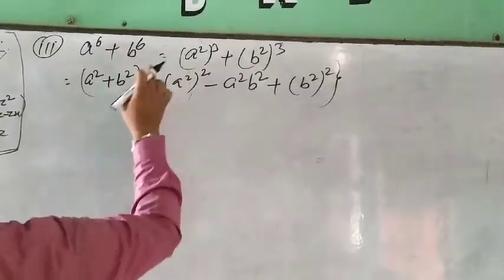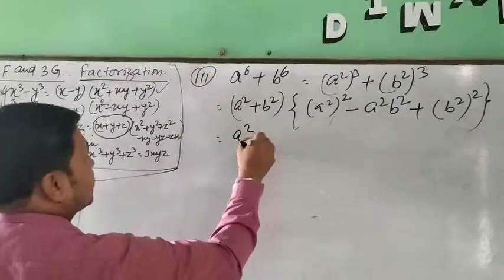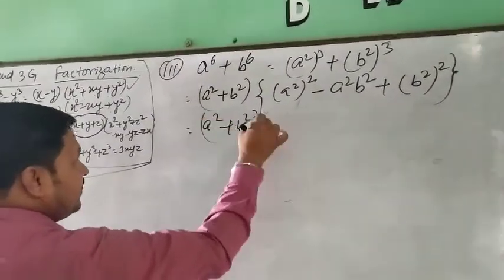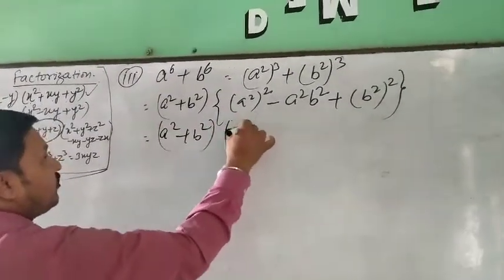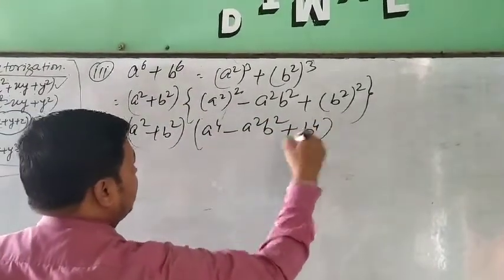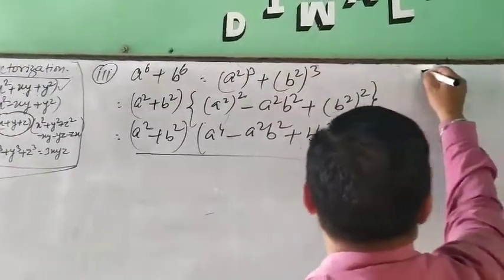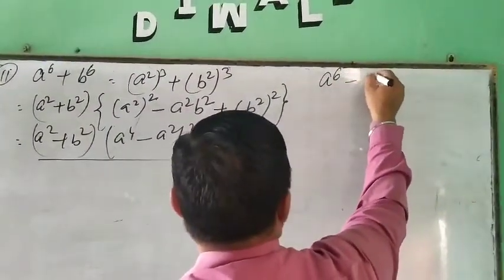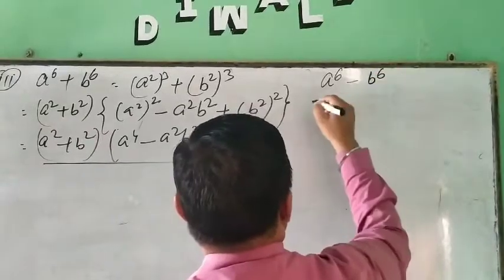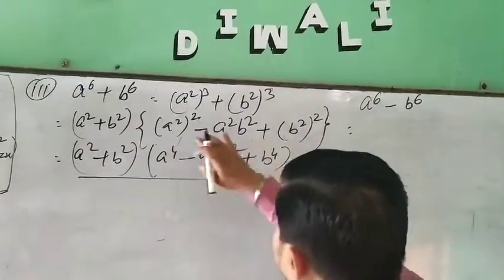It is also set on that formula. So (a square plus b square) into (a to the power 4 minus a square b square plus b to the power 4).